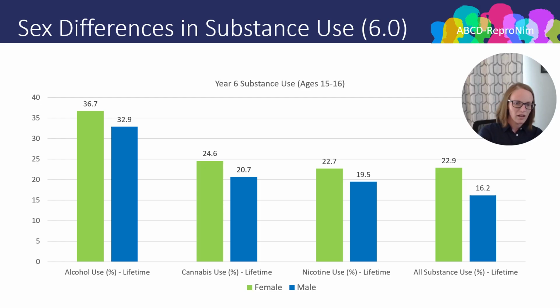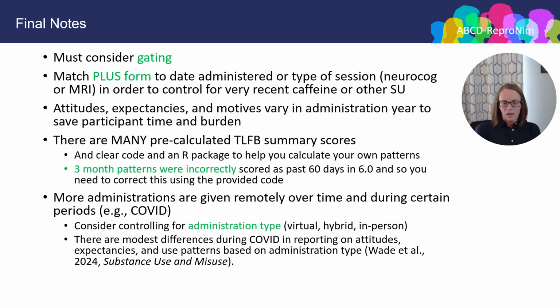You can see that females are actually using at slightly higher rates than males for alcohol, as well as all other substances too. And this is again looking specifically at our 15 to 16-year-olds in the year 6, the 6.0 data release.